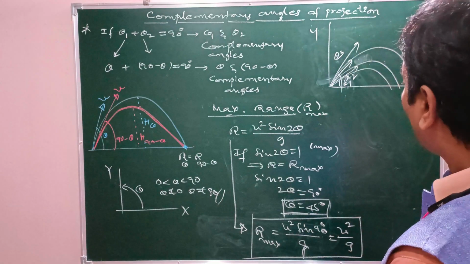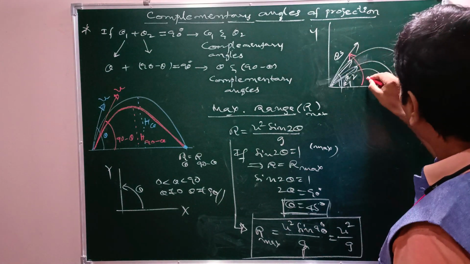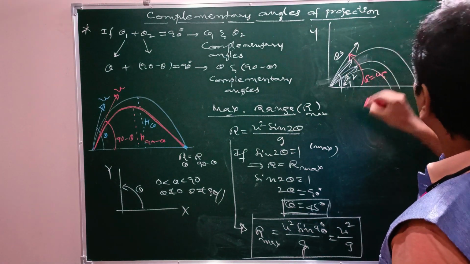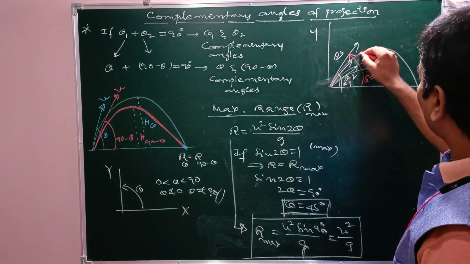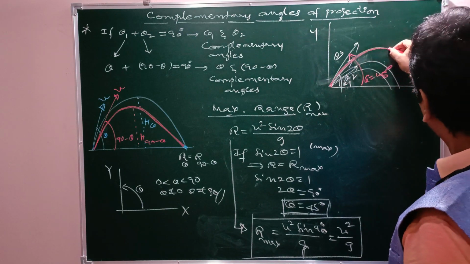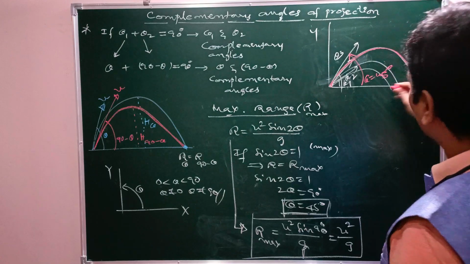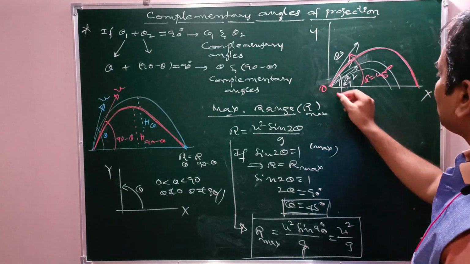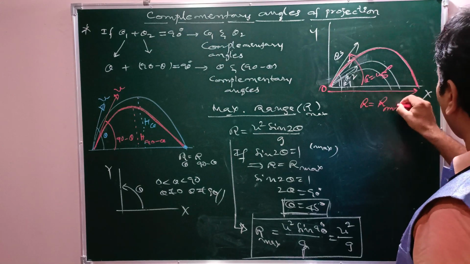Now for this projection, what is the angle of projection here? Theta 45 degrees. Especially for this angle of projection, the body lands far away from the point of projection, the origin. So here range becomes R maximum.